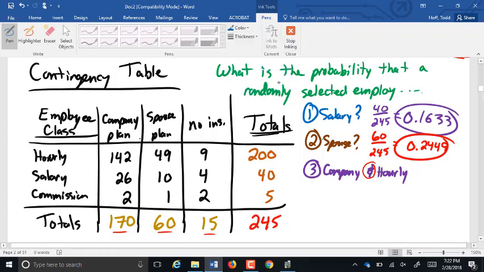Company plan is this right here, right? Hourly is right here. What part of that meets both conditions? The 142 does. So there's 142 that meet both conditions out of the total of 245.